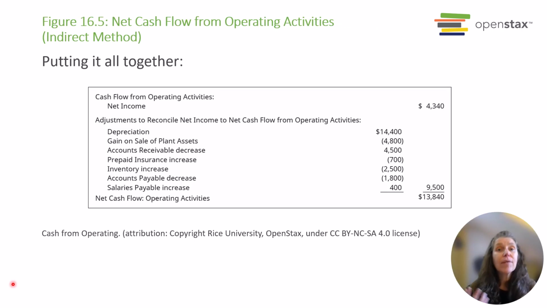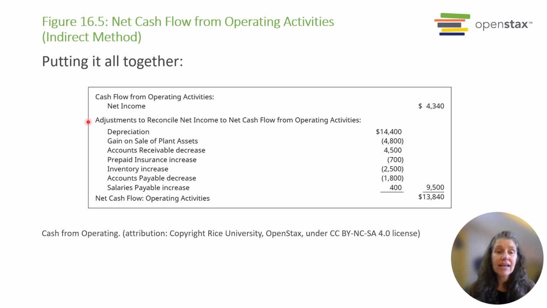And so now we can put together an entire section. So let's do one quick review of what the operating activities section should look like. We begin with the actual statement header, cash flow from operating activities. Beneath that, we're going to list our net income from our income statement.